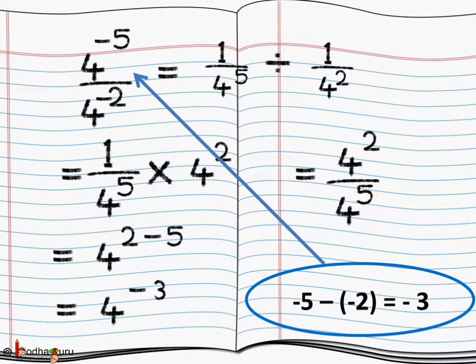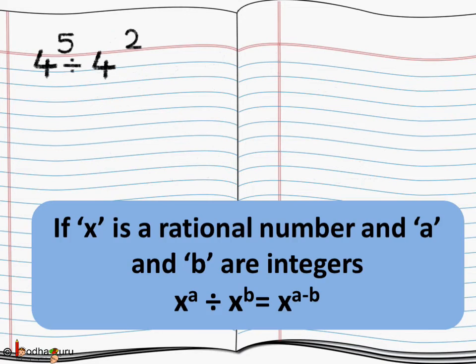So we actually did subtraction of the powers when we are dividing two values with the same base. Thus we can say if x is a rational number and a and b are integers, then x to the power a divided by x to the power b is equal to x to the power a minus b, which means a and b can also be integers, not just whole numbers.